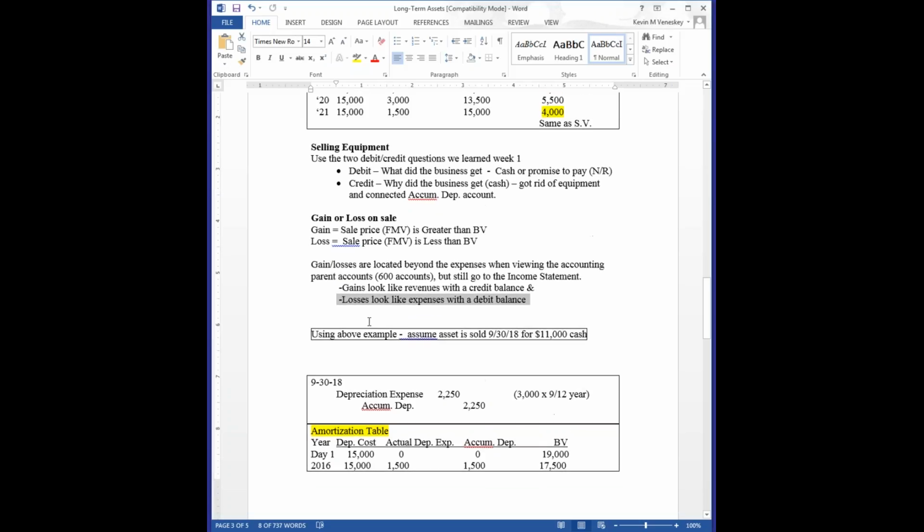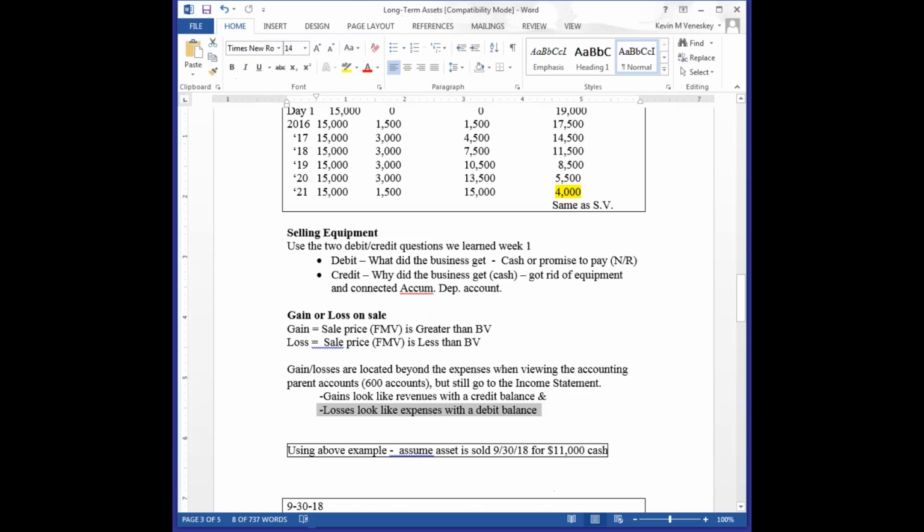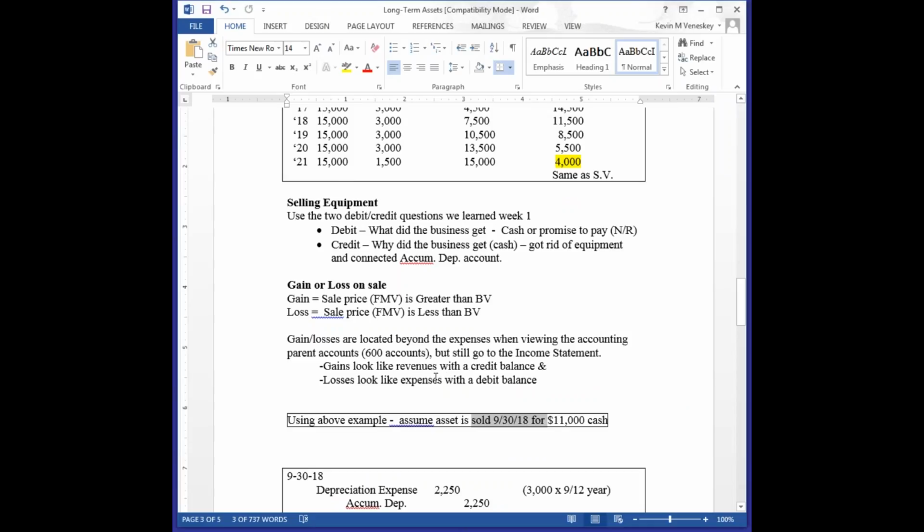So if we look at the example from above, and we have $11,000 that we're selling our asset for, and we're going to say we sold it on the 30th of September 2018. The first thing I would need to do is determine how much depreciation I need to take care of in 2018.